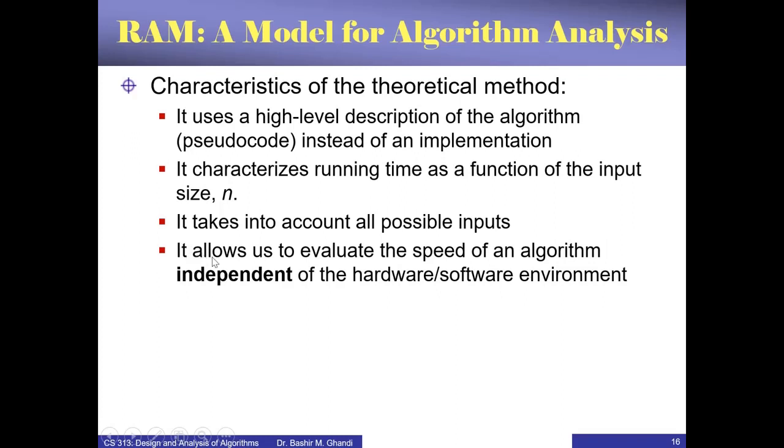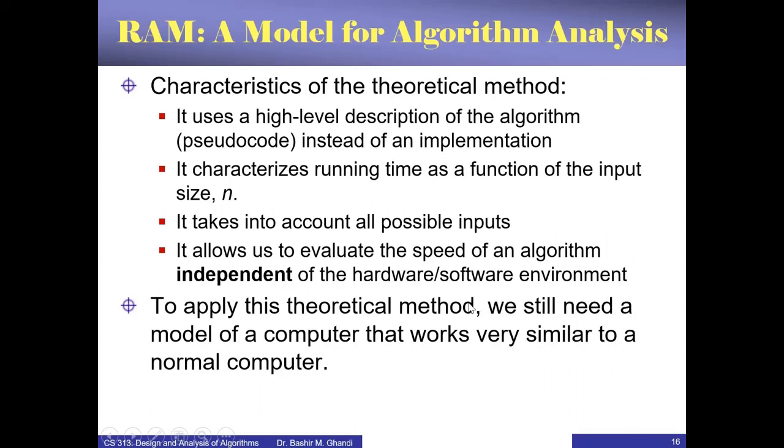Number 4, which is probably the most important, is that this theoretical method allows us to evaluate the speed of an algorithm independent of the hardware and software environment. However, to apply this theoretical method, we still need a model of a computer that works very similar to a normal computer.